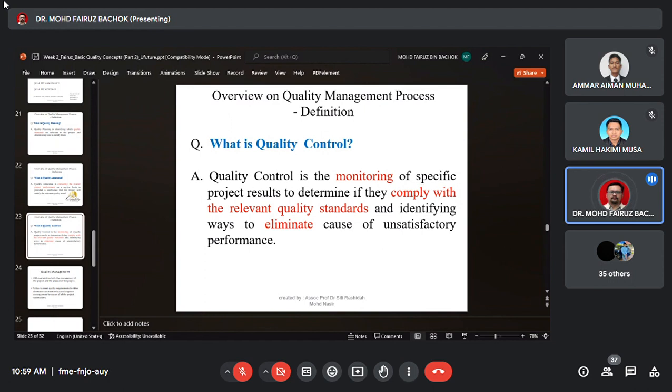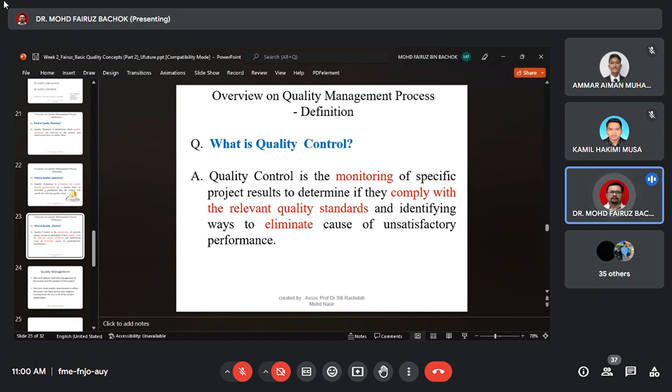Before, you should start with the quality planning. During, you should implement the quality assurance, and then after the project has been completed, you need to implement the quality control. When there is non-conformance, when there are deficiencies or defects, you know what to do to control them.